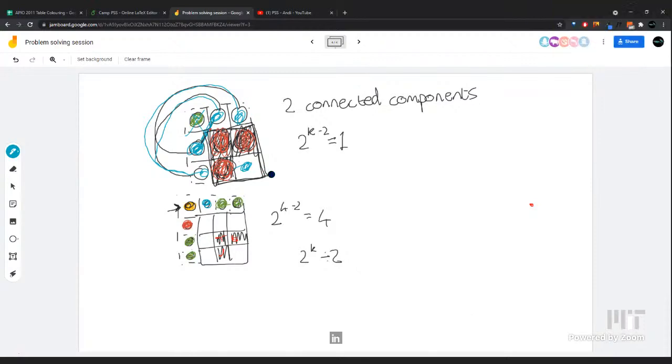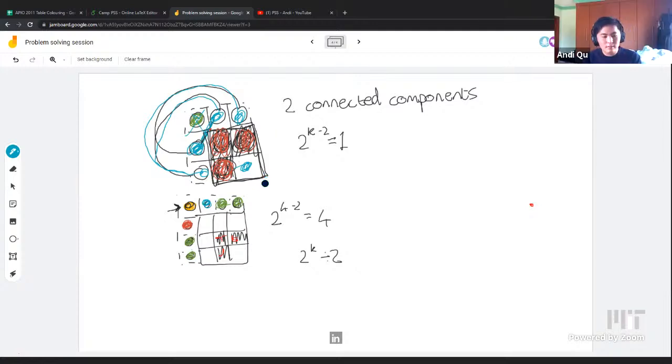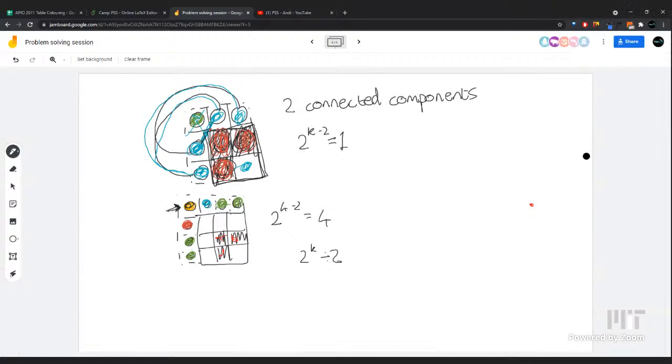Then why is it 2 to the power k minus 1? Because it just is. I'm sorry, I don't really know what you mean. Can anyone help me out here? I think it has to do with this cell. Sir, could you just wait for 2 minutes? Let me think of this. Okay.